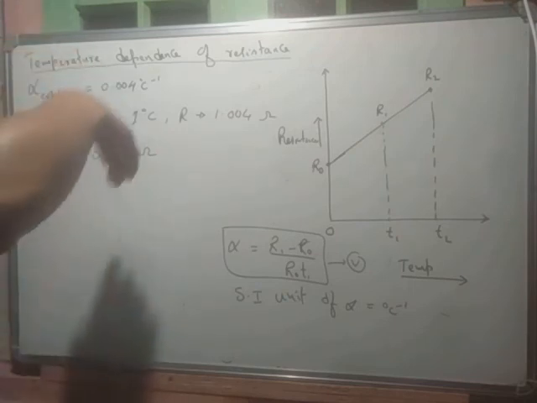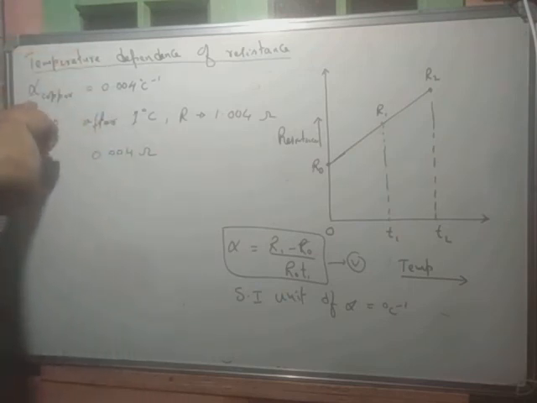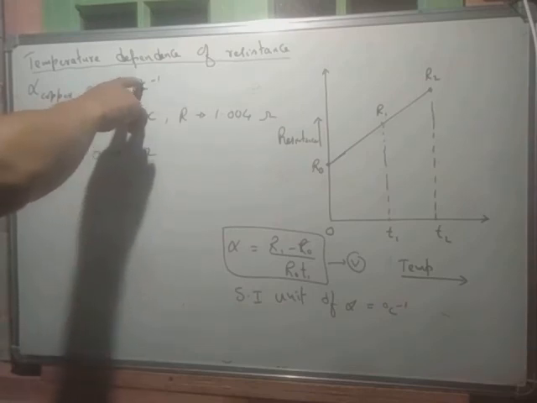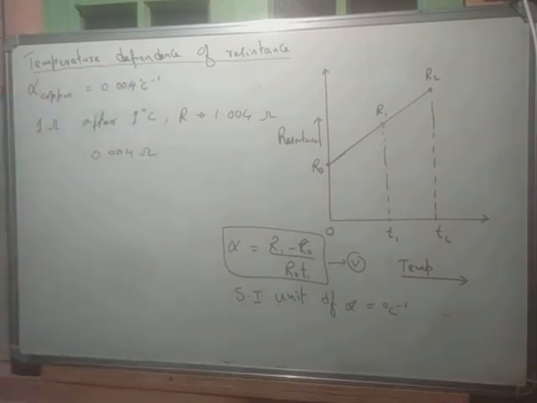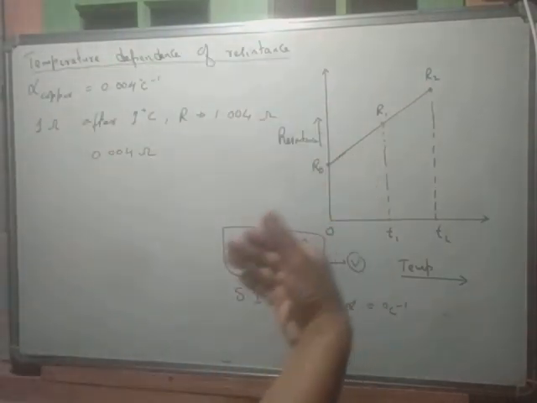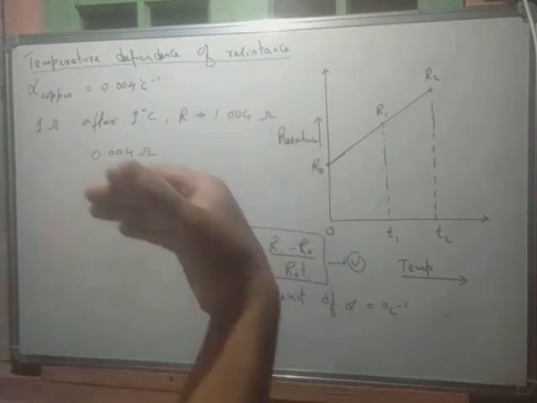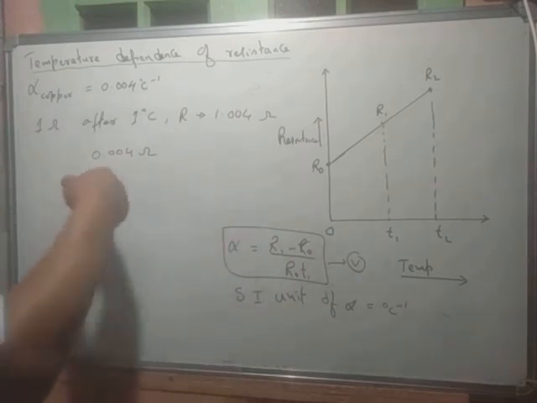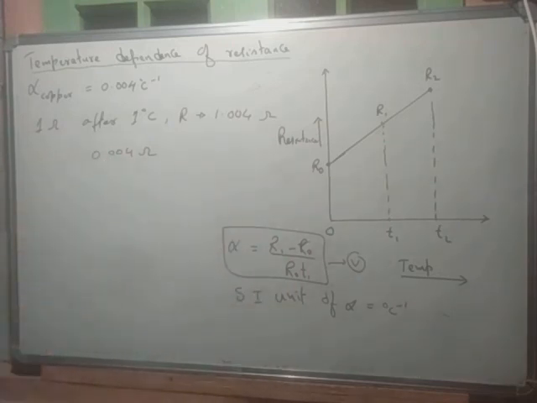Again, I'll repeat: when the temperature coefficient of copper is 0.004 per degree Celsius, it means that at every 1 degree rise in temperature of the copper, the resistance will increase by 0.004 ohms.